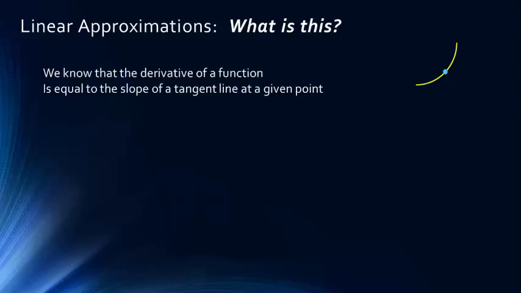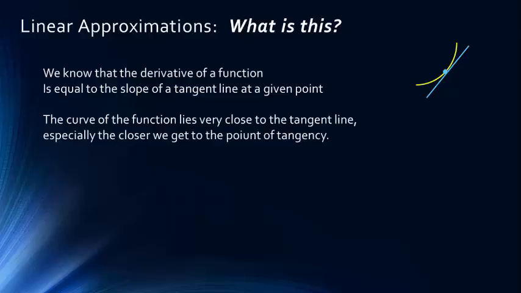We know that the derivative of a function is equal to the slope of the tangent line at a given point. And the curve of the function lies very close to this tangent line, especially the closer we are to the point of tangency.